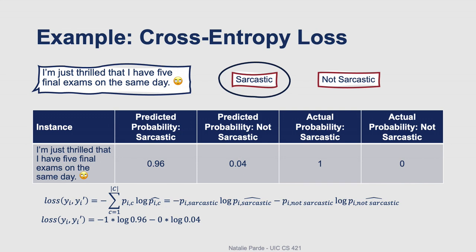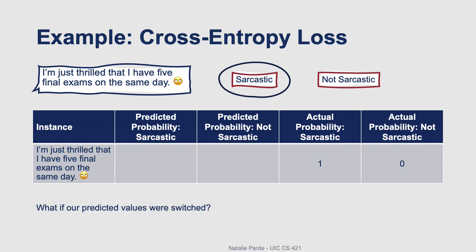Then remember, we're taking the negative of the sum, so we'll have negative 1 times log 0.96 minus 0 times log 0.04. We find that this equals 0.02, which is a very low loss.